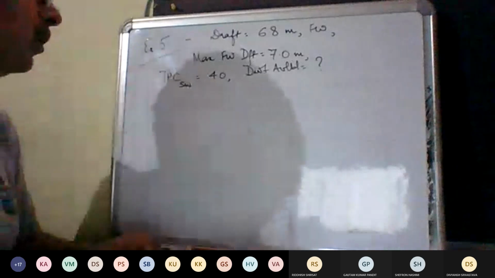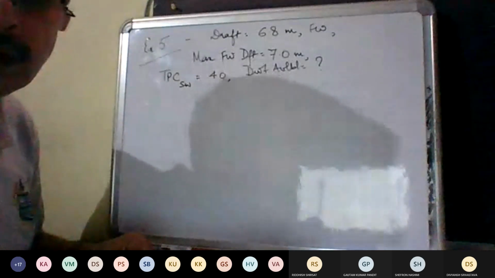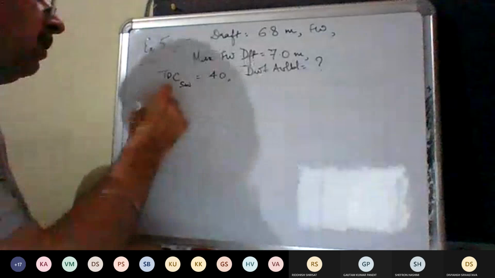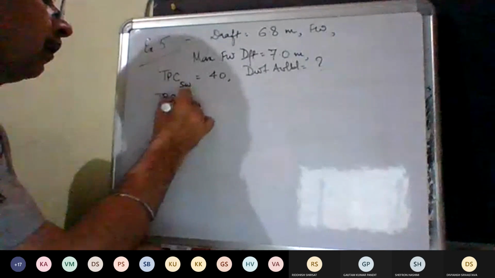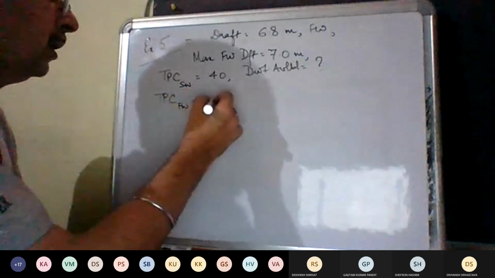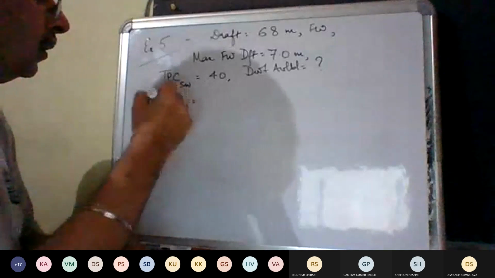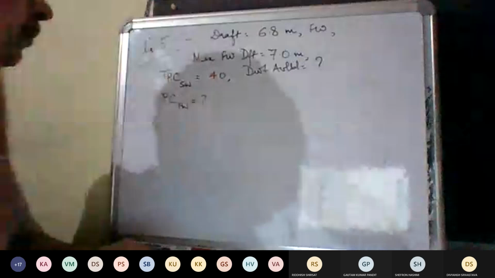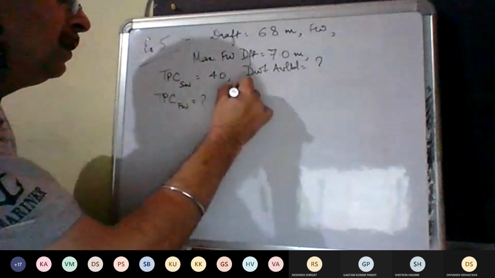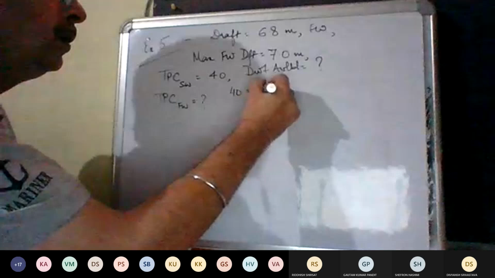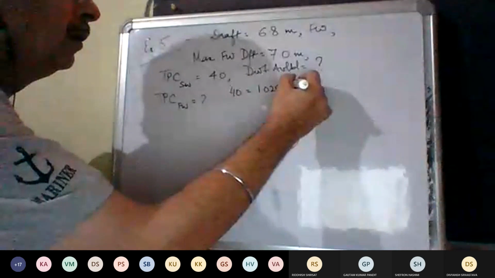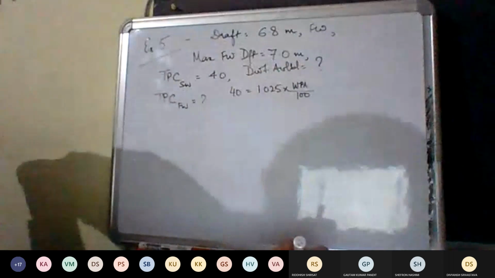TPC saltwater I know. So can I calculate TPC freshwater? That is the first thing that I need to know. So I find out the water plane area from TPC saltwater. 40 is equal to 1.025 into water plane area divided by 100.